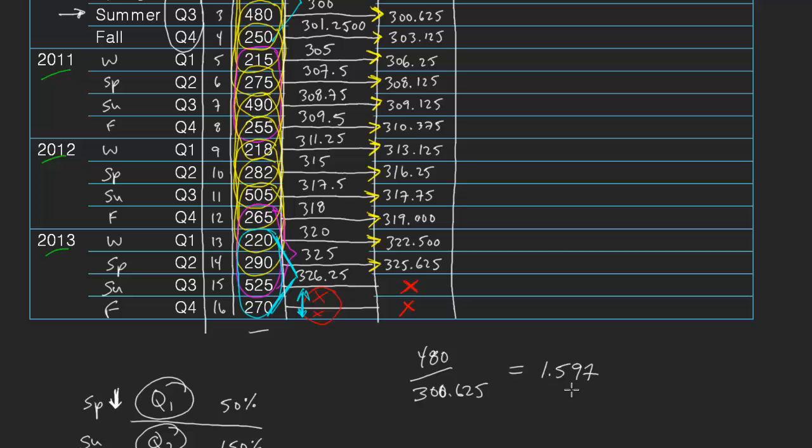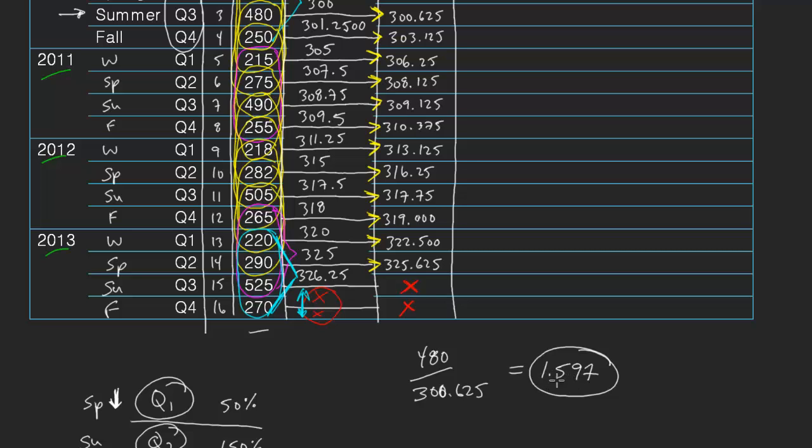1.597. Now, what does this number mean? Well, if it was simply just 1.5, that would mean that 480 is about 1.5 times the size of 300. Or it's not exactly 1.5, it's even more than that. It's almost 1.6 times the size. So this tells me how much bigger my actual value is compared with my expected value.